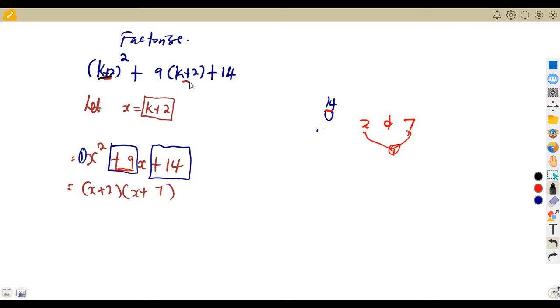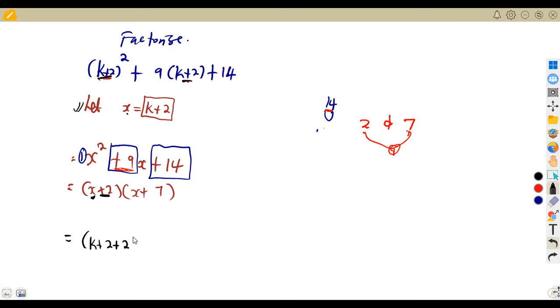But in this case, our question was an expression that was not in terms of x. X is something we introduced for that certain expression. So in our final answer we must have our k expression. Where the x is, we take the original part. So for the first bracket, x is k plus 2, but there is already a plus 2.